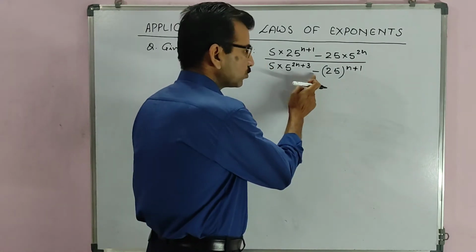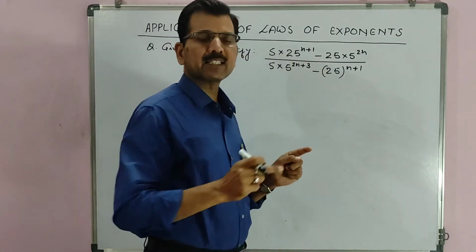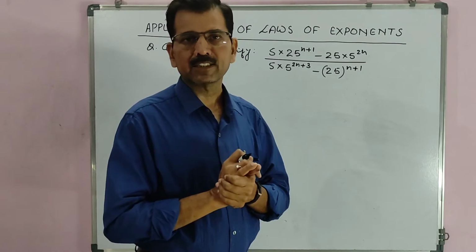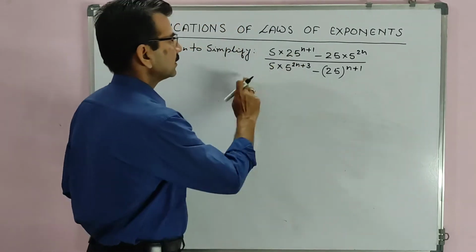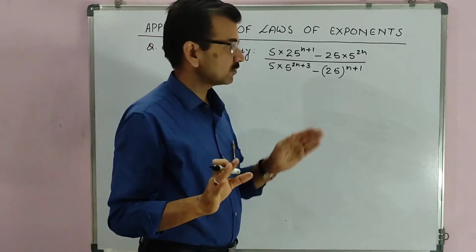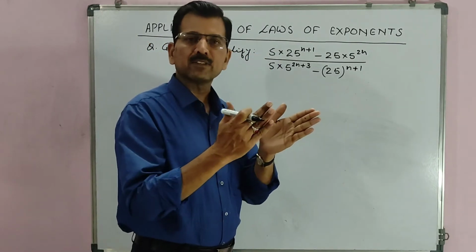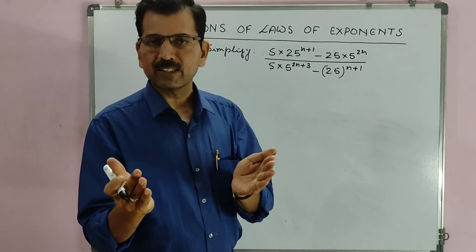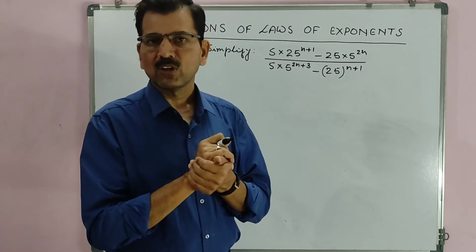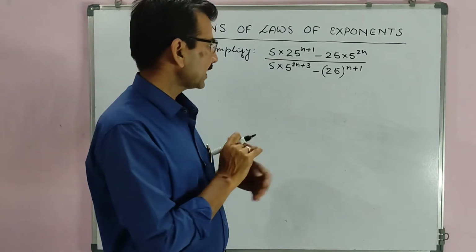But I told you that when plus and minus sign is there, we have to be alert. We cannot cancel in this simple way from the numerator and denominator until we take common from both sides of either minus sign or plus sign. Clear to you?